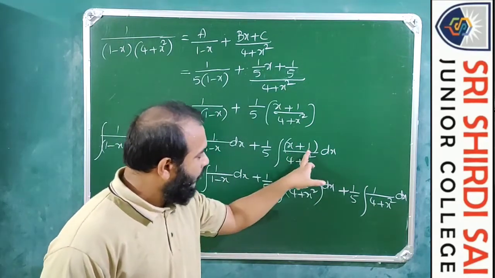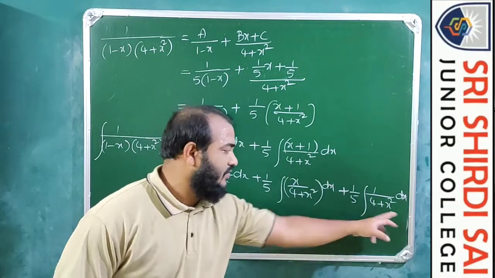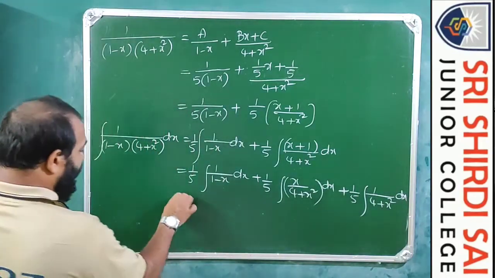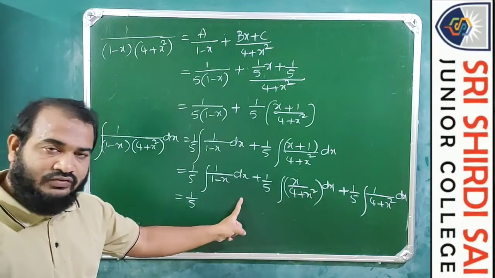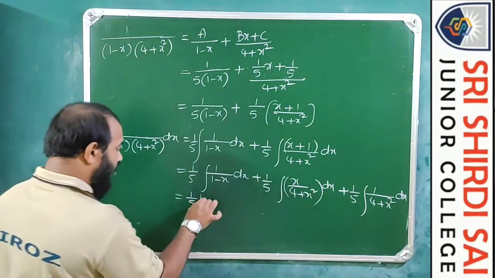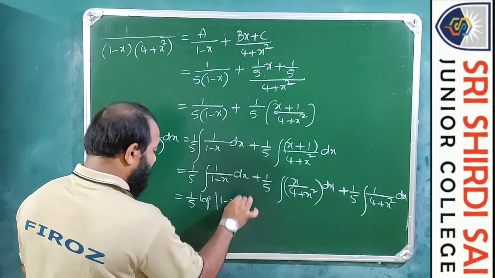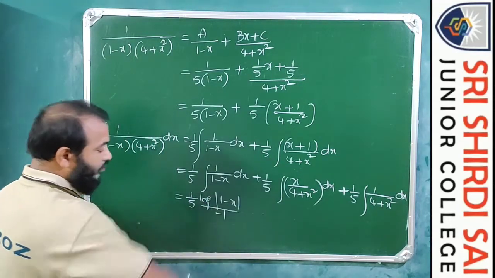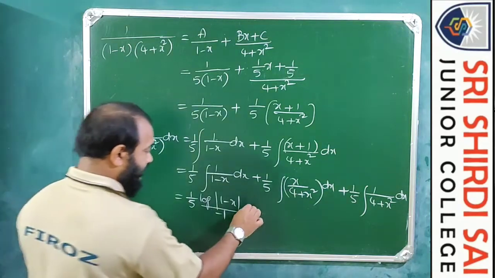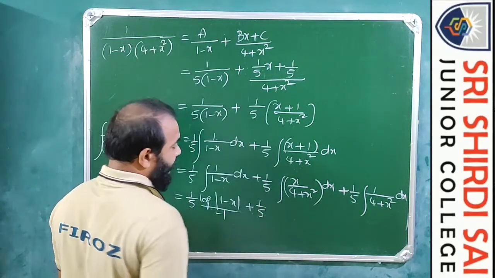So 1 by 5 into 1 is 1 by 5, 1 by 4 plus x square dx. So this is equal to 1 by 5. It is of the form integral 1 by x dx, which is log mod x. So this is log mod 1 minus x by the x coefficient, which is minus 1, plus 1 by 5.